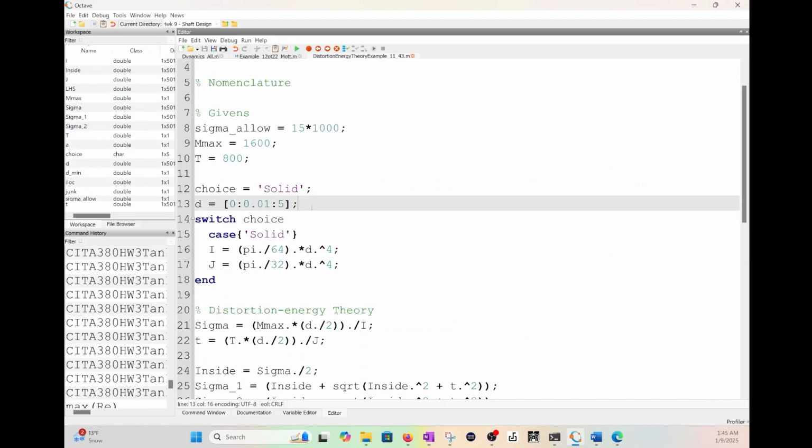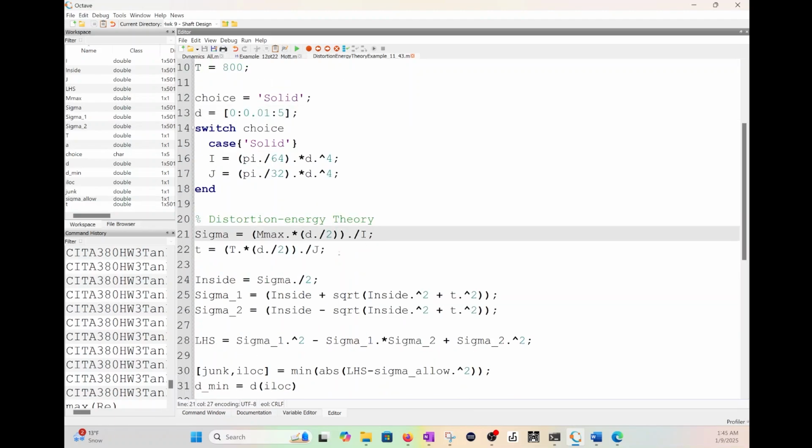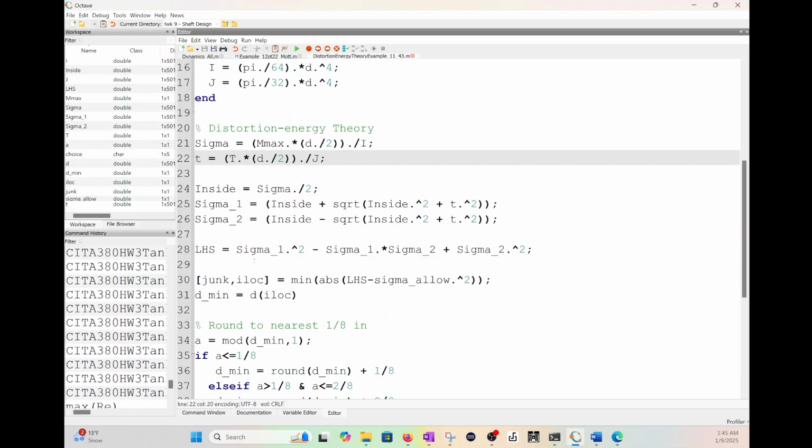So I picked a range of diameters, calculating my I's and J's, finding my sigma, my tau, finding then the left-hand side, right? And then I'm comparing it to sigma allow squared using this cool little code here. Okay, where I subtract them, find the absolute value, find the minimum, and this gives me what that minimum value is, and this tells me the location, or if you want to call it the row, where these match, and you can then extrapolate or interpolate the diameter.